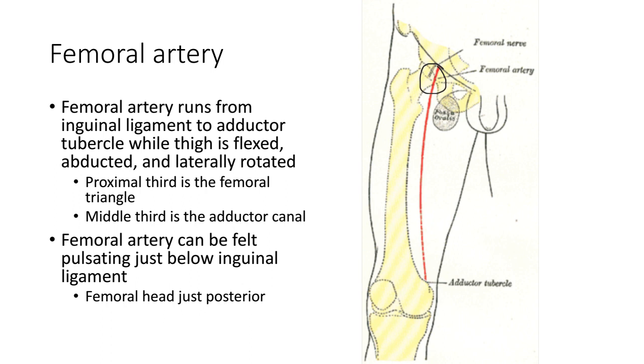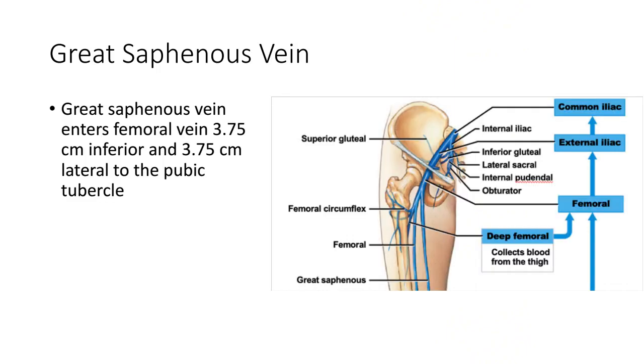And then just underneath that is the femoral head. The great saphenous vein enters the femoral vein about 3.75 centimeters inferior and 3.75 centimeters lateral to the pubic tubercle.